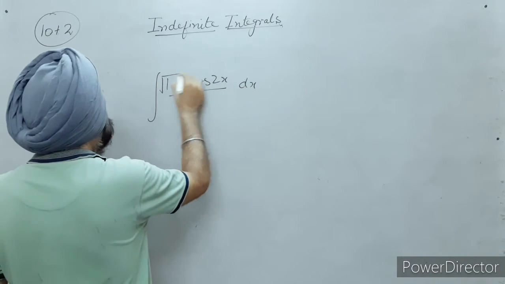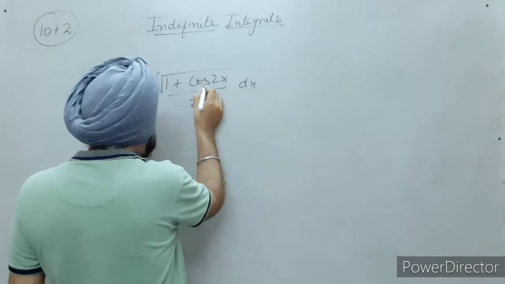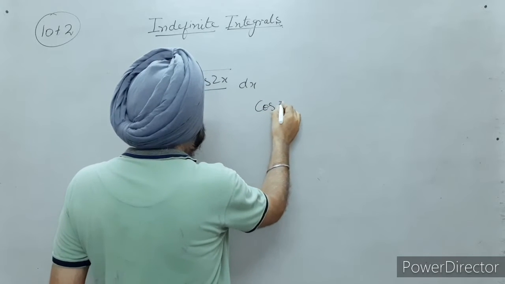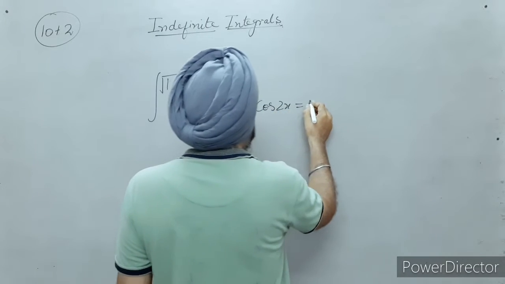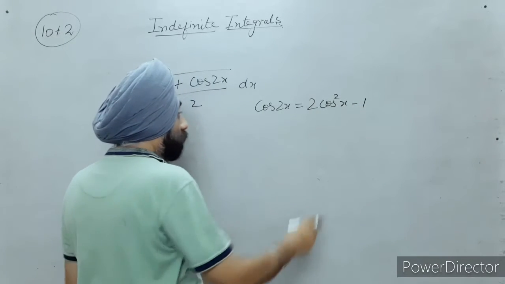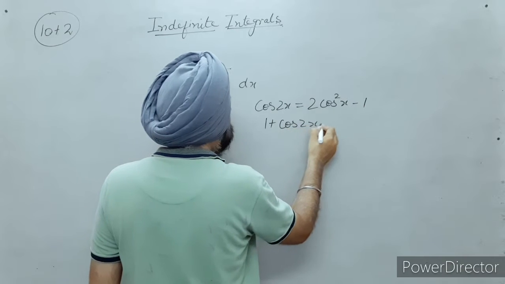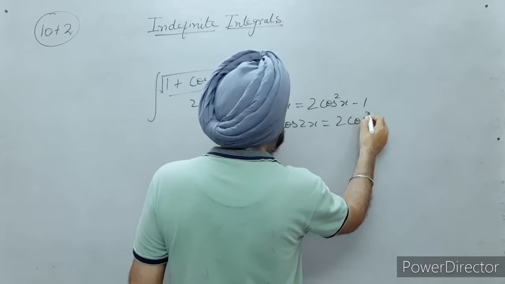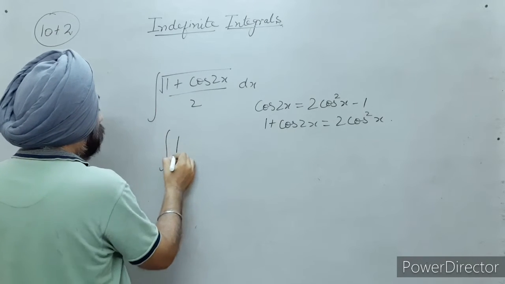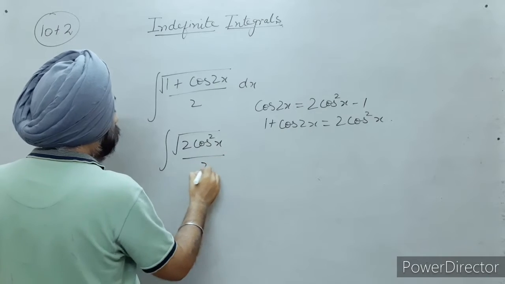Now, for the formula of 1 plus cos 2x, I have cos 2x is 2 cos square x minus 1. So 1 plus cos 2x is 2 cos square x. So I can write this as the square root of 2 cos square x divided by 2.